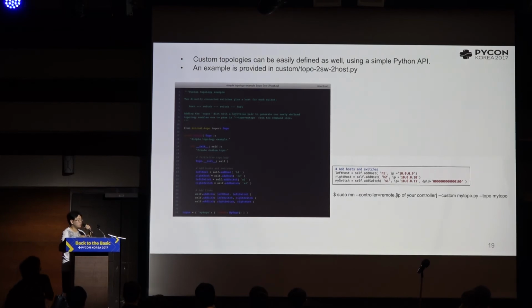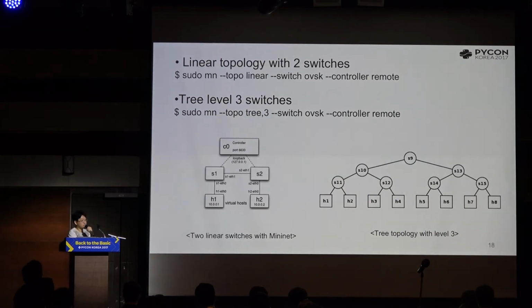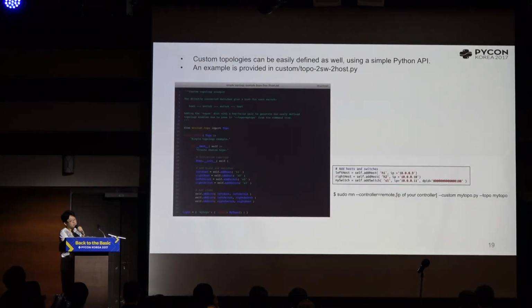I had 2 computers connected to a controller, and if you use the automated topology, they're going to have the same IP and same DPID for switches, so it's going to have a collision. To avoid that, remember this custom topology, and that will save your day.